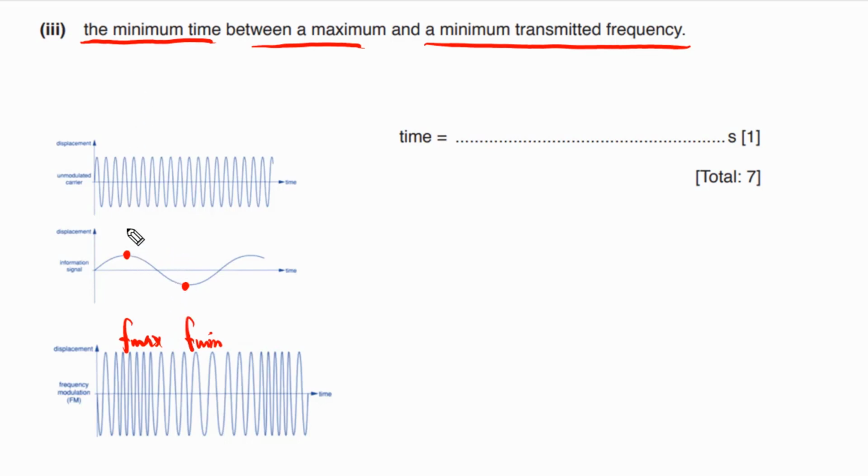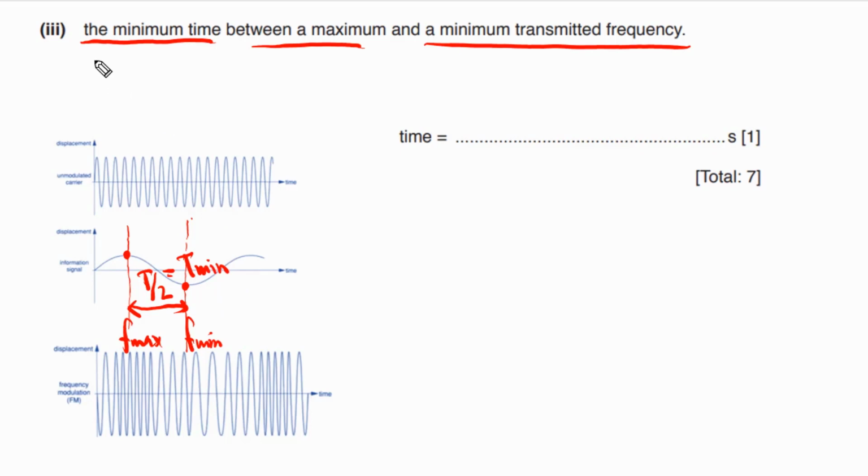So the minimum time is the time between when the amplitude is positive and when it is negative, and this time is equal to half of the time period. So half of the time period of the signal is equal to T minimum.